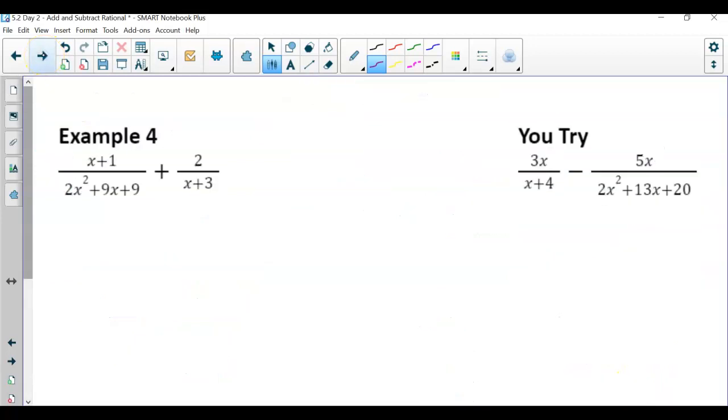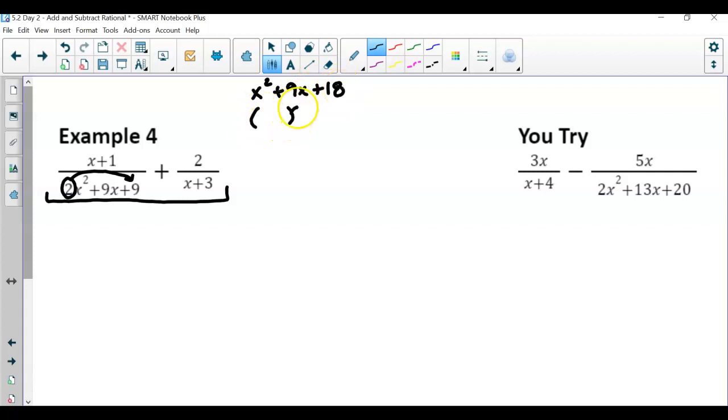With our last example here, example 4. Again, here I notice I have my trinomial, but I now have a binomial. So again, I'm going to go ahead and factor. However, we have 2 here, so I do need to do bottoms up because there is no GCF. We end up factoring x squared plus 9x, but now plus 18.